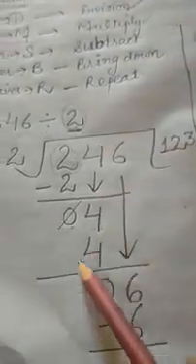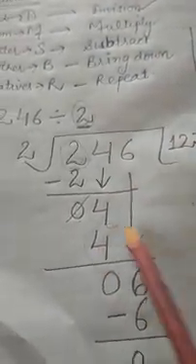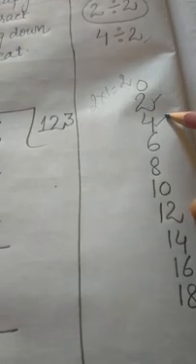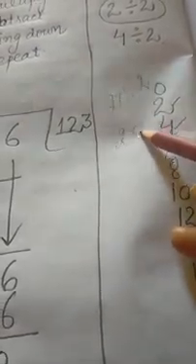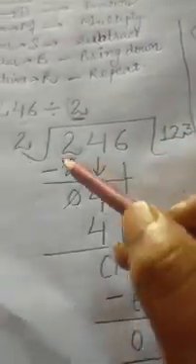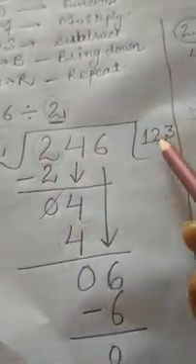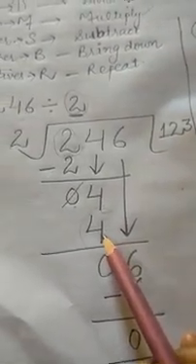Now we have to get 4 from the table of 2. 2 zeros the 0, 2 ones the 2, 2 twos the 4. We got 4 here, so it is 2 twos the 4. We have done this multiplication.